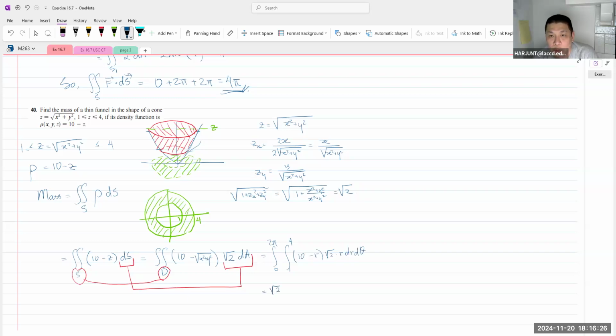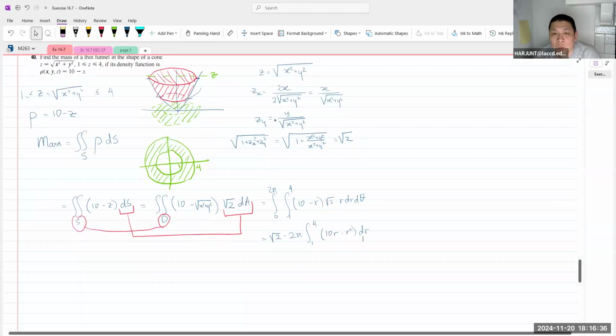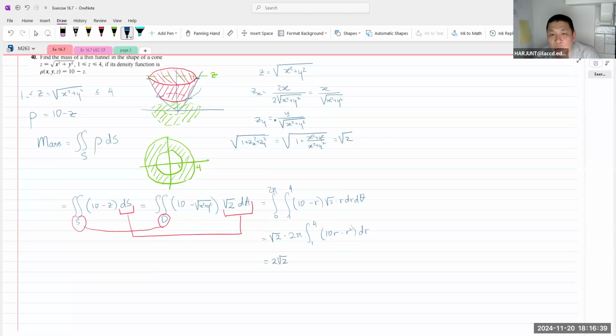So that's square root of 2 times 2 pi, integral from 1 to 4 of 10r minus r squared dr. That's 2 radical 2 pi times 5r squared minus r cubed over 3, from 1 to 4. 80 minus 64 over 3, minus 5 minus 1/3.